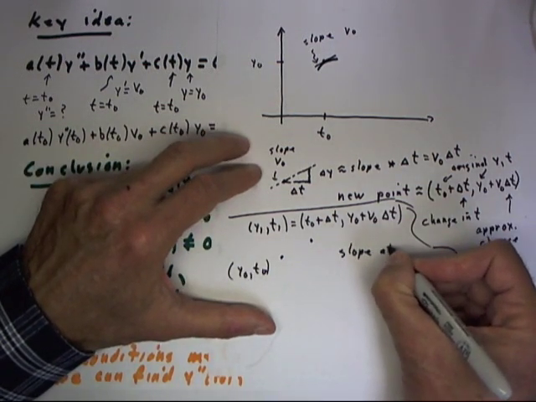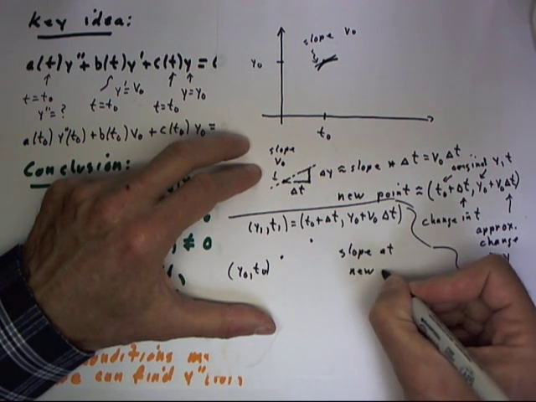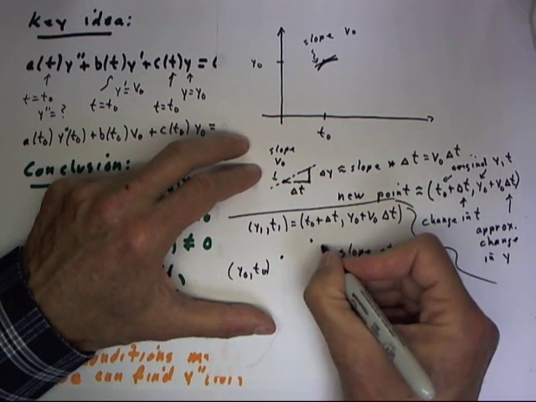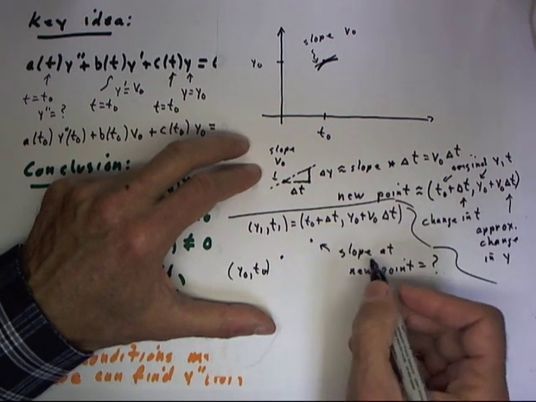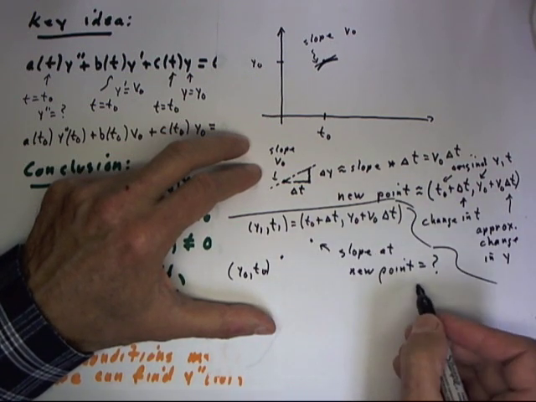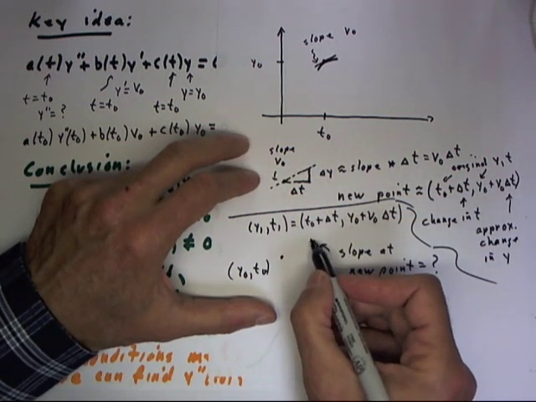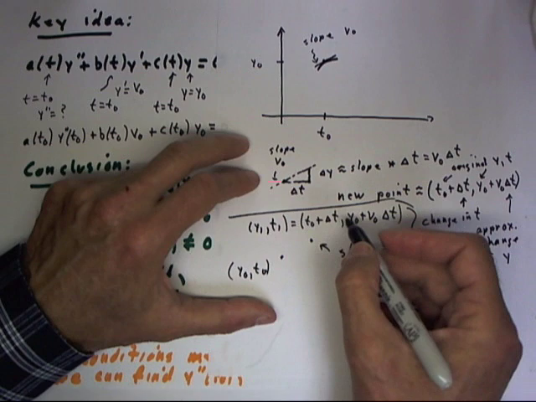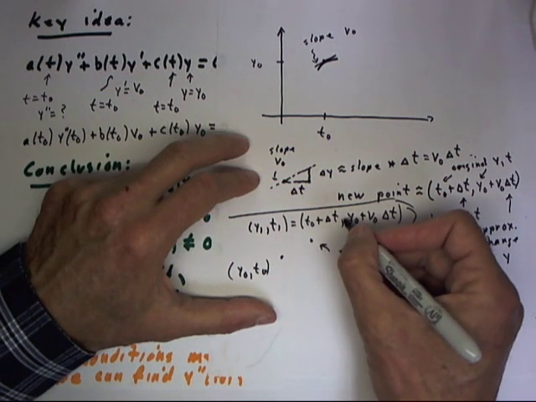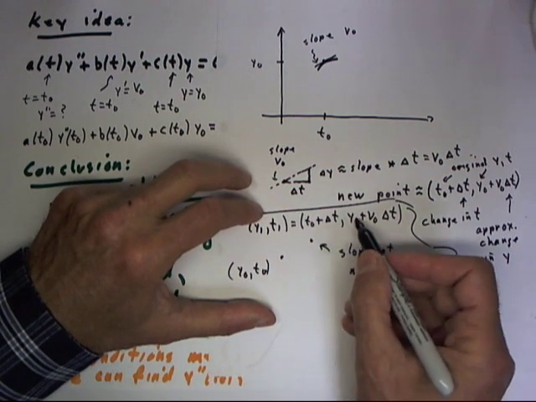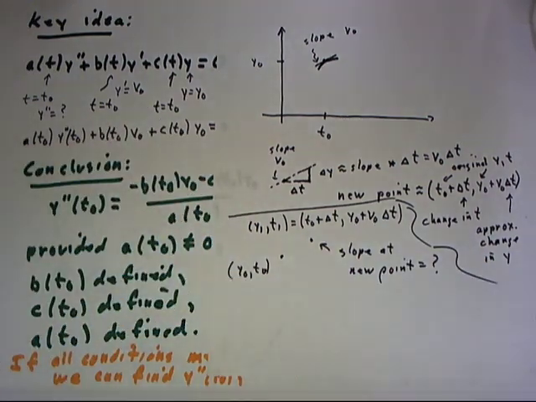What's the slope at the new point? If we know the slope at the new point, then we can repeat the process. We can move another delta t, predict what our delta y should be, and from that determine the coordinates of our new point.